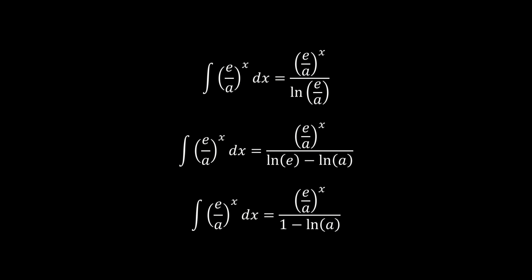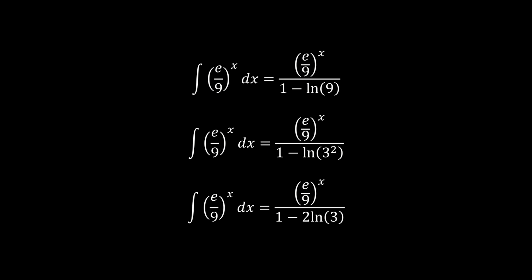Using log properties, that denominator can just be broken up into the natural log of e minus the natural log of a. Therefore, we know that the denominator is just going to be 1 minus the natural log of a. So the integral of e divided by some positive integer, all raised to x dx, is going to be the quantity e over a raised to x divided by 1 minus the natural log of a, whatever that bottom denominator is.